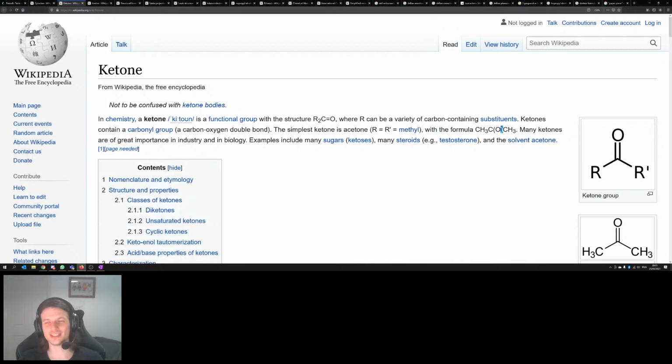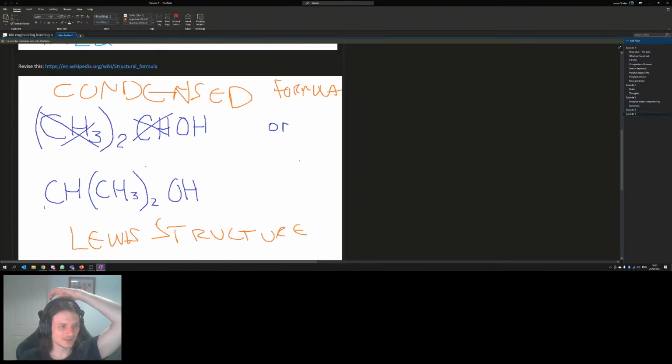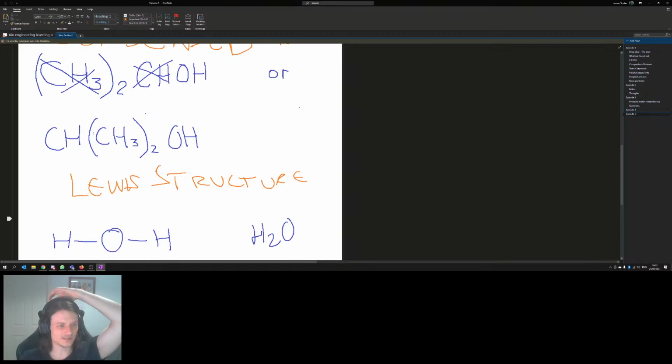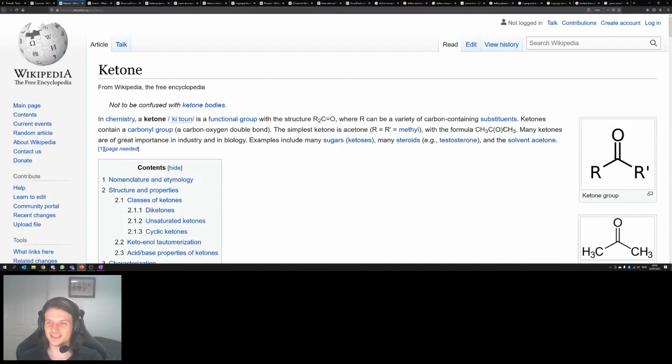That's because the C doesn't bind to the, I can't remember what that was now. This one though, this is condensed formula. It's because the next character doesn't bind with the C or something. I can't remember.